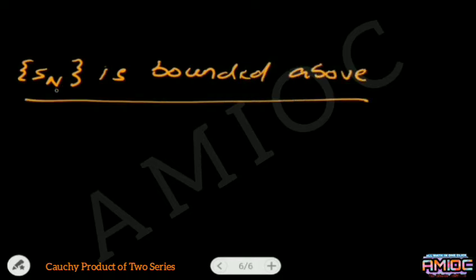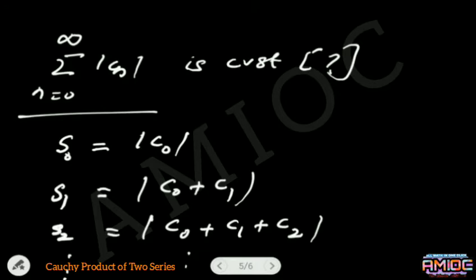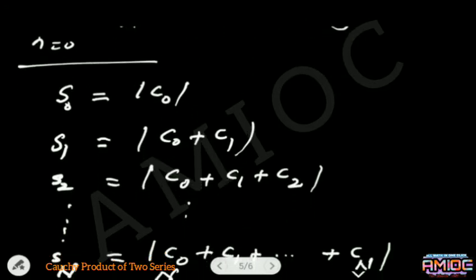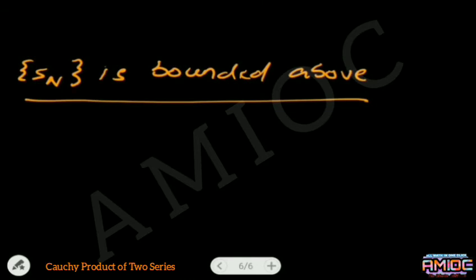If we prove Sn is bounded above, then we can state that the series summation n equal to 0 to infinity Cn is convergent, since the sequence Sn is monotonically increasing and bounded above. Therefore, our claim is to prove that Sn is bounded above.